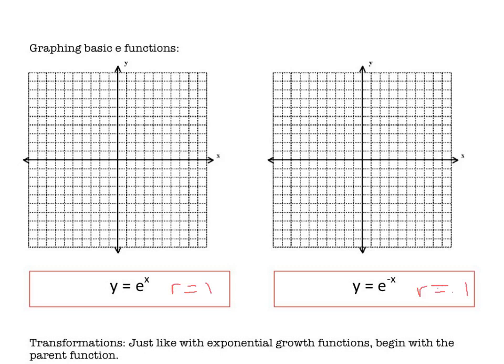So we're looking at one example of exponential growth and one example of exponential decay. Now, I know that because, again, my a value here is 1 and my a value here is 1. So I know my y-intercept is going to be 0, 1. So I'll start out on the left here by graphing that y-intercept of 0, 1.